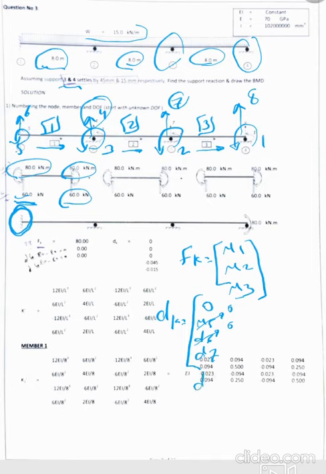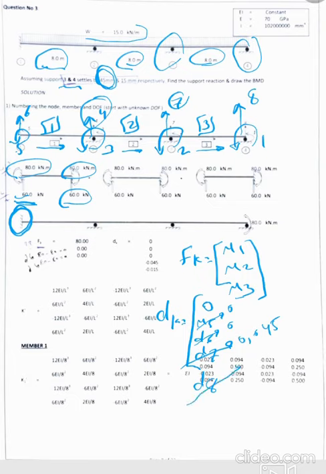D7 and D8. For D7 we have a settlement of 45 millimeter. Sorry, it's very small. The PDF is not good quality. So here we have a settlement, and changing the unit, it will be 0.054.